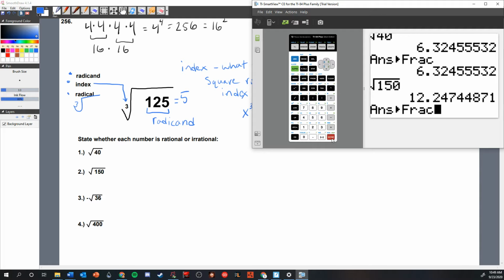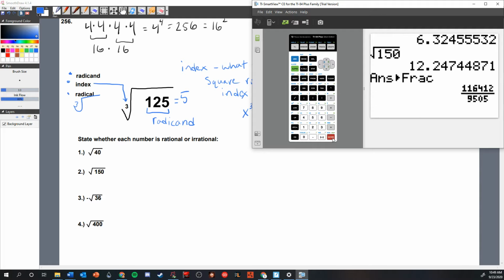Let's convert it to a fraction. Well, this says I can convert it to a fraction, but that might just be some round-off error. So I'm going to say that it's irrational, because the only reason this is converting itself to a fraction is round-off error in the calculator.